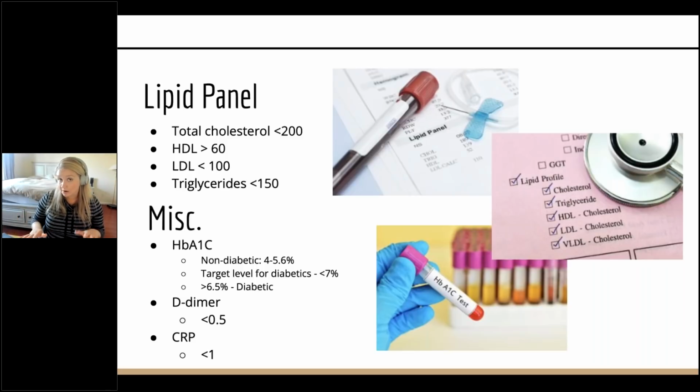It doesn't tell us where, it doesn't tell us why, it just tells us to be suspicious for clots. So in a patient that maybe has DIC or some sort of ischemic disease like a stroke or a heart attack, we might run a D-dimer to see if there's a clot somewhere in the body, and that can give us some information about that.